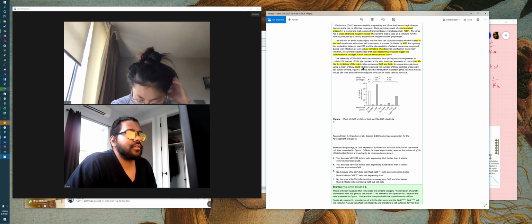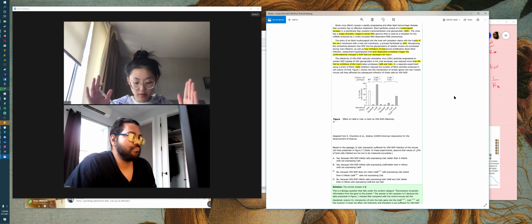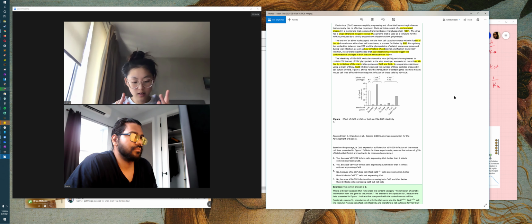Are you talking about the first three columns after the wild type? What does the top bracket mean?